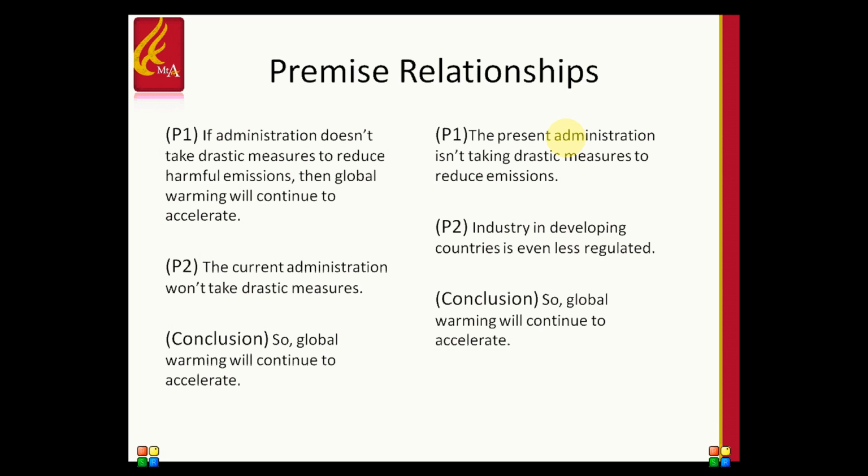Conclusion, so global warming will continue to accelerate. So in this case, premise 1 and premise 2 on the right here are not actually working together. They're both providing support for the conclusion, but doing that independently. They don't rely on one another. Whereas there's a reliance in this case. These two need to work together in order to support that conclusion.